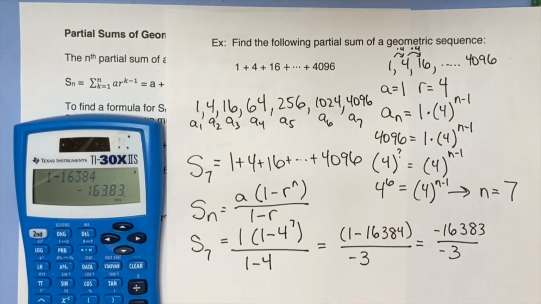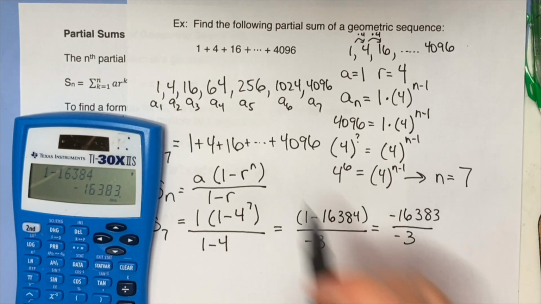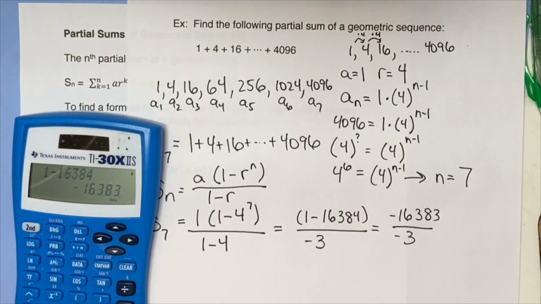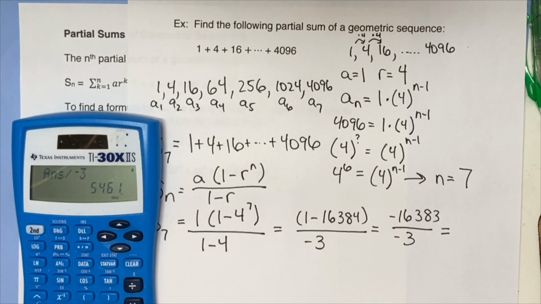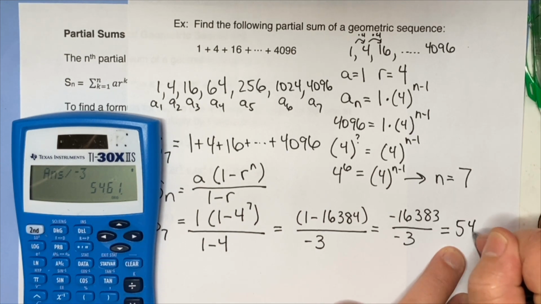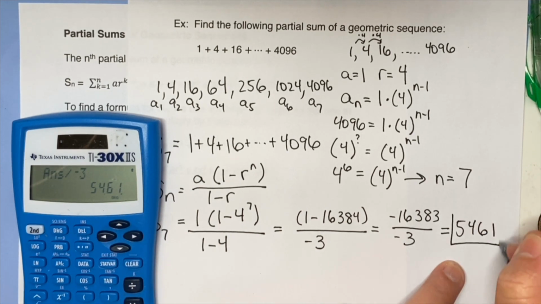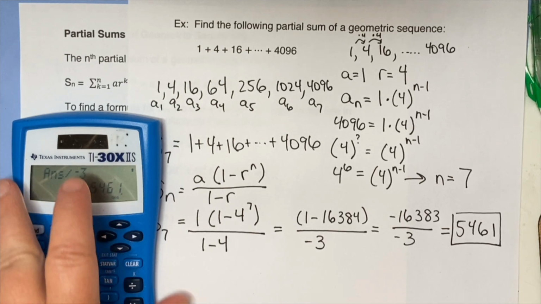I'm going to guess 3 goes into this because I don't think this sum would give me a fraction, right? So let me try dividing by negative 3, and I get 5461.